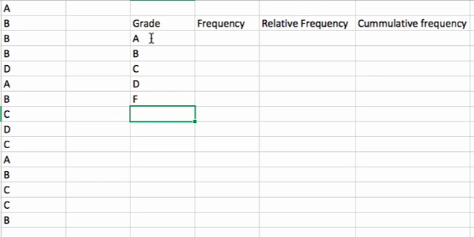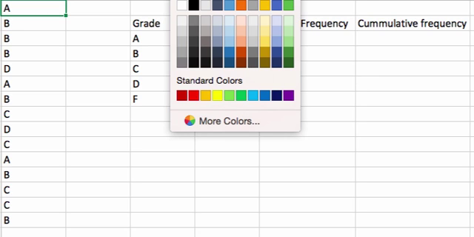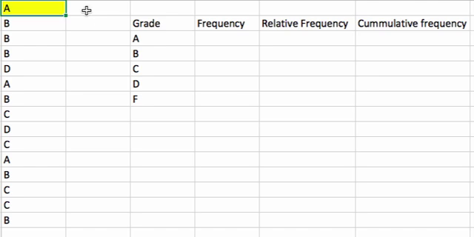The first column, or the frequency column, just tallies up the number of students that fall into each category, or a count. So I can go through and count how many students received an A, a B, a C, and a D. Now there are not that many data points, so counting is not that difficult.